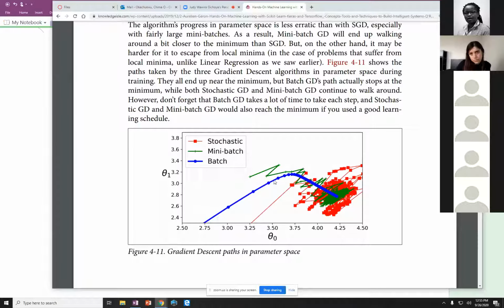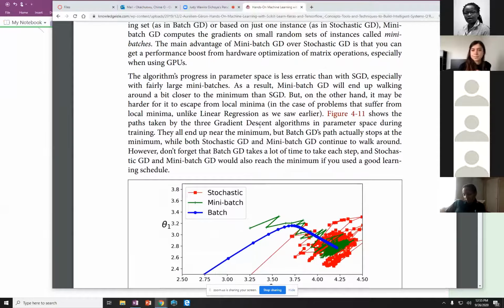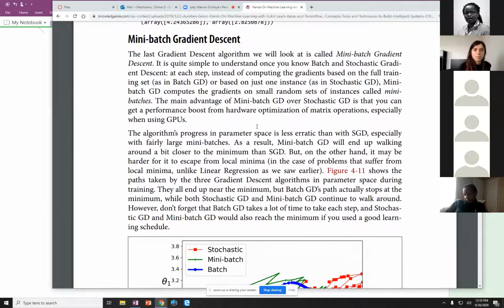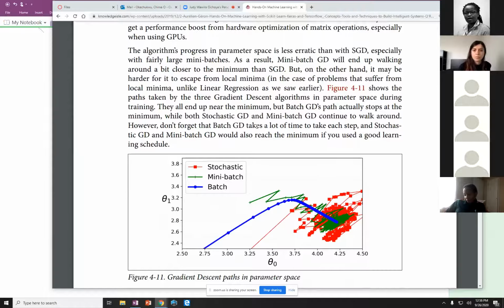As you can see, batch smoothly levels in. With mini batch, it behaves sort of as a mixture of stochastic and batch. The advantage is that it's relatively quicker than batch, but also like stochastic, it can make adjustments quickly.